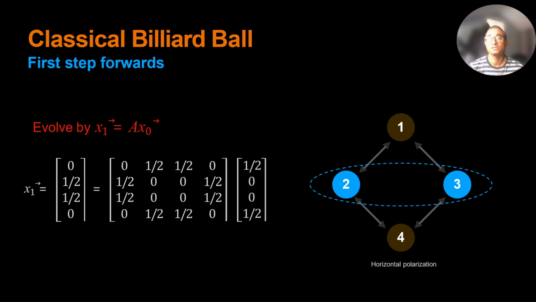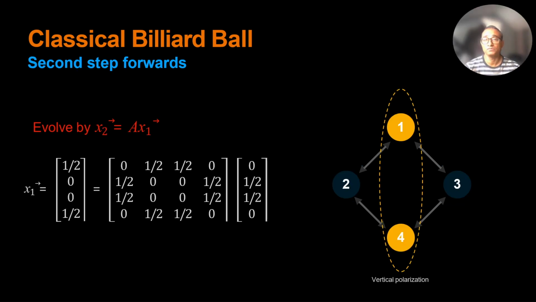That means the ball will shift from edges 1 and 4 to 2 and 3, and the probability of finding the ball at both 2 and 3 is 1/2. Therefore, we are still maintaining our L1 normalized state.